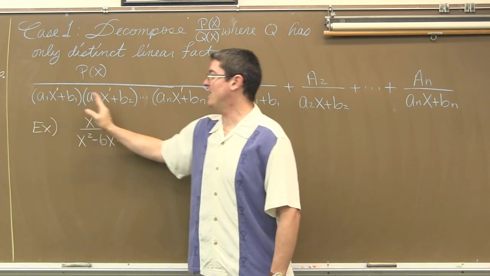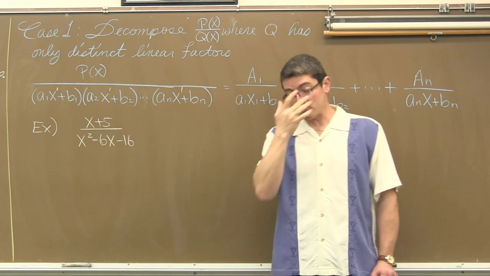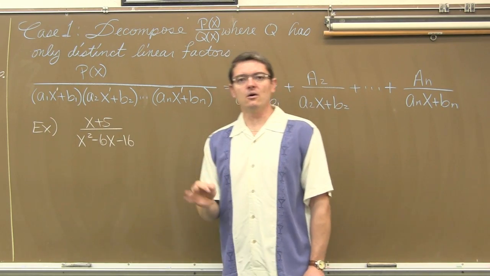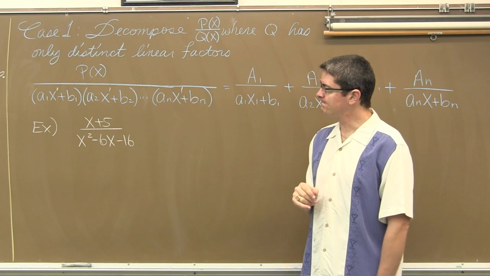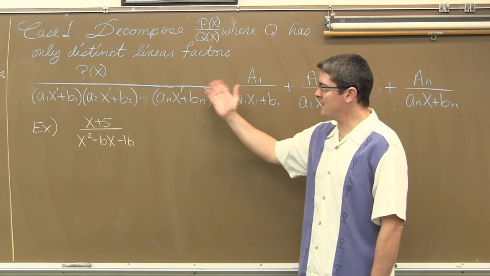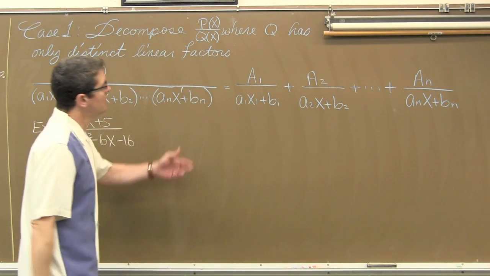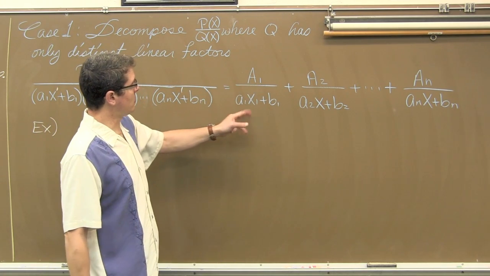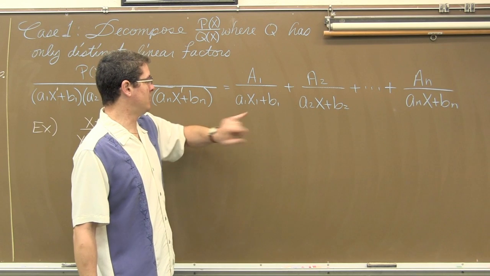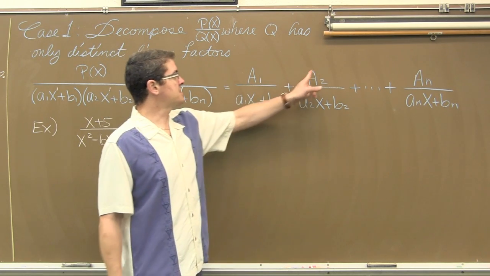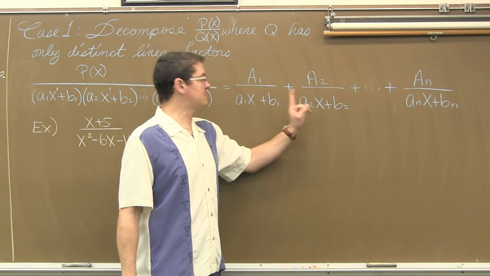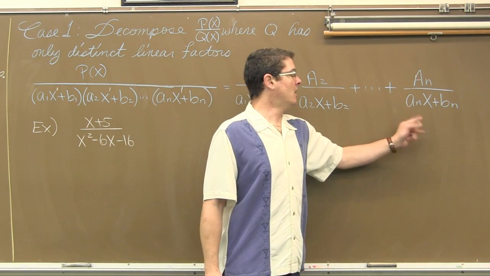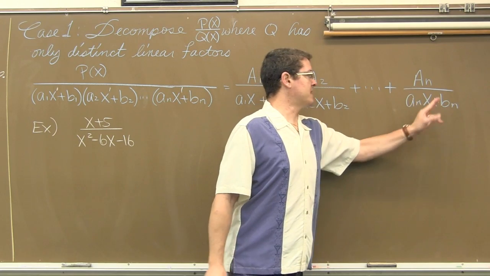And this just means that we have q of x factored as much as possible. And again, every factor is a unique linear factor. That means a degree of 1. This is supposed to be broken up into capital A sub 1 over a sub 1 x plus b sub 1, plus A sub 2 over a sub 2 x plus b sub 2, dot dot dot, until plus A sub n over a sub n times x plus b sub n.